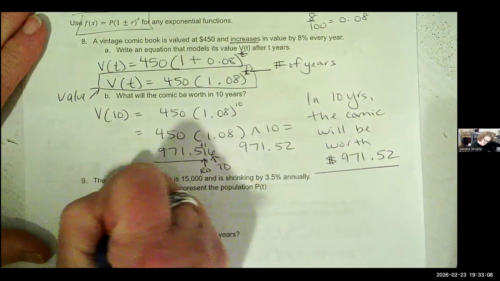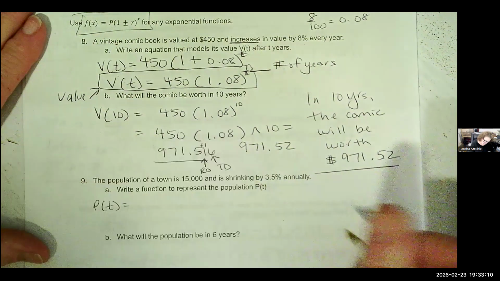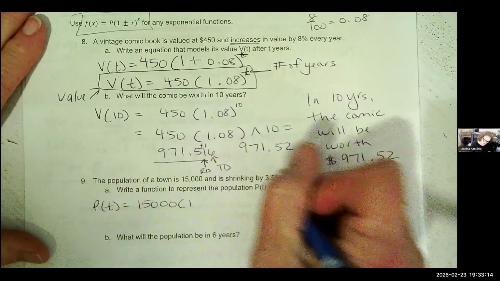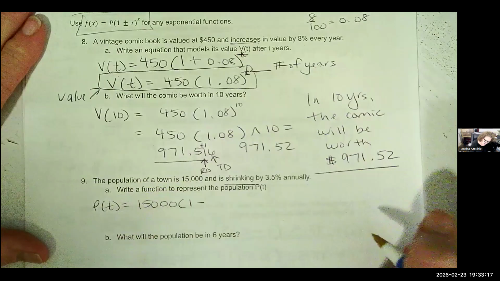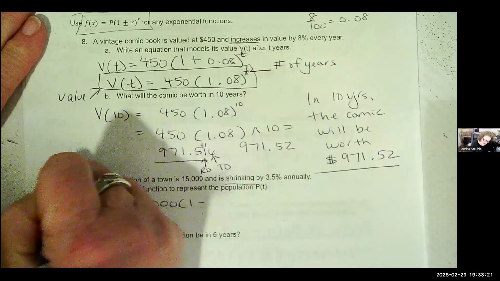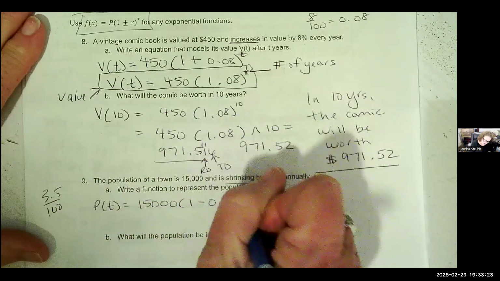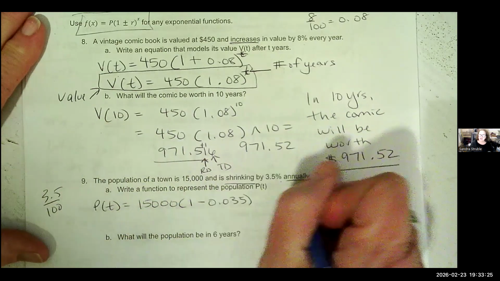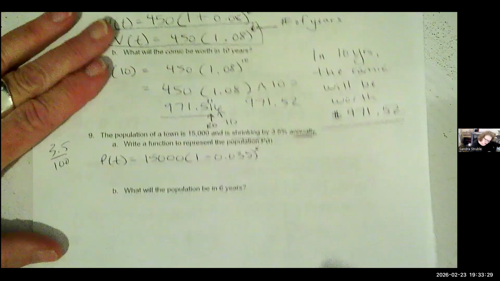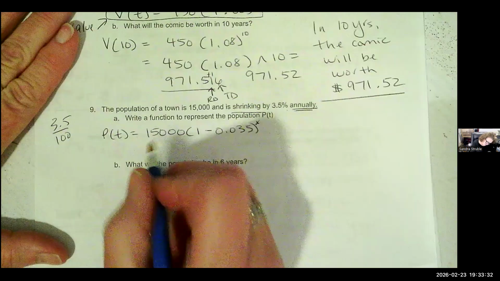The initial value is 15,000. It's shrinking, so minus 3.5%. So 3.5 divided by 100 is 0.035, and it's annually, so that's just an x at the top. Same thing as per year. Now, what I need you to do here is please clean this up.